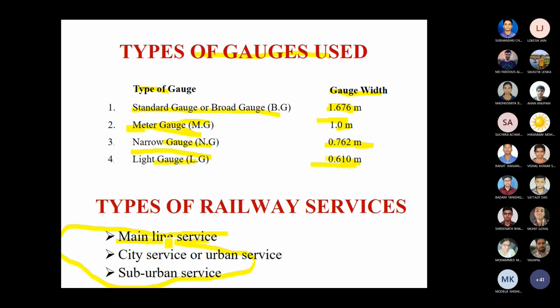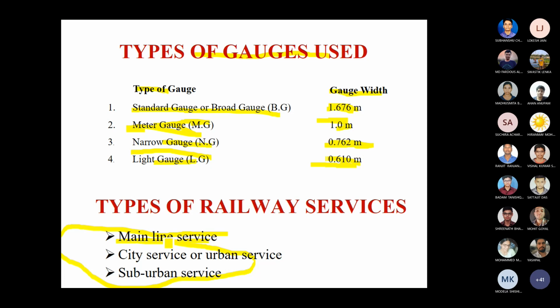And city ride service is called suburban service. Suburban service means inside the city, where multiple stations are there. Those familiar with EMU, electric multiple units, know that the distance between two consecutive stations is between 5 to 10 kilometers, maybe 7-8 kilometers.